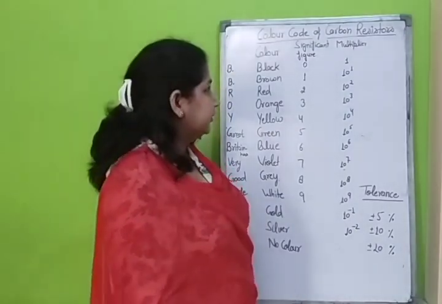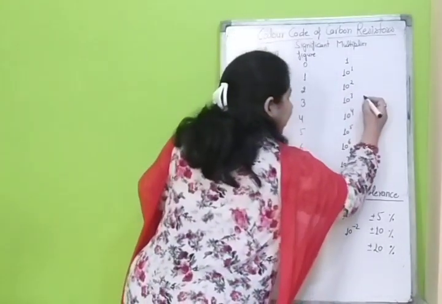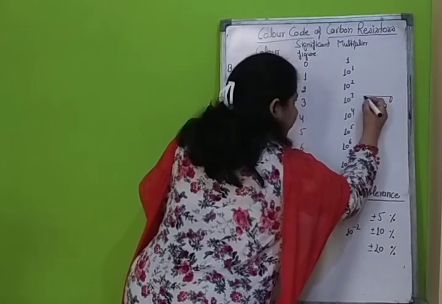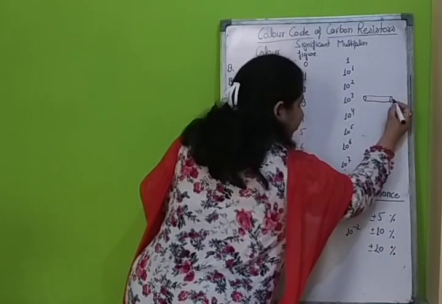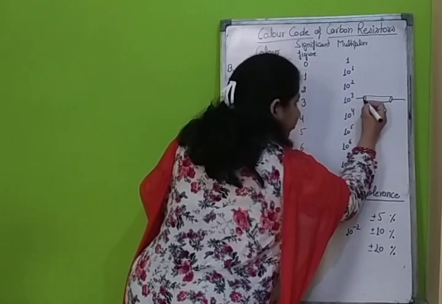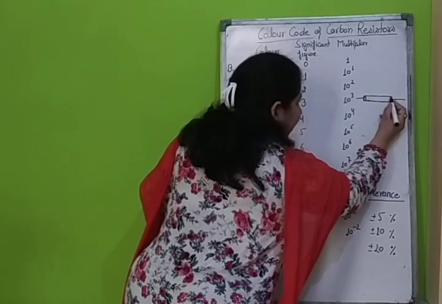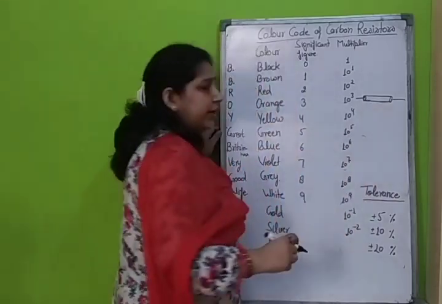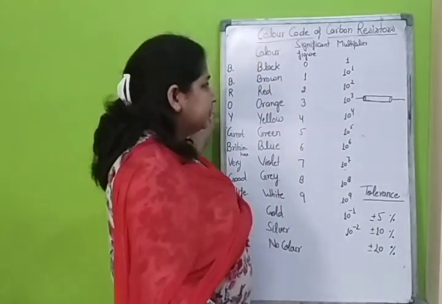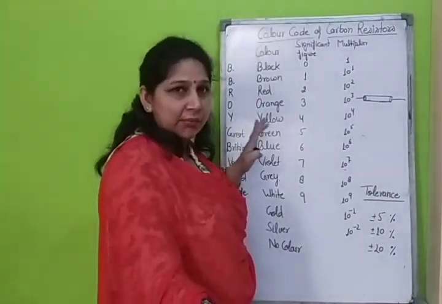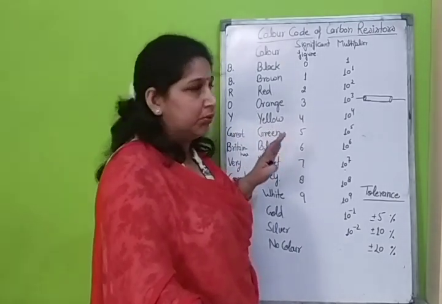Got it? This is looking as a very small device. In higher classes you will use it in the laboratory also, and this is important for the examination also. This topic is important.